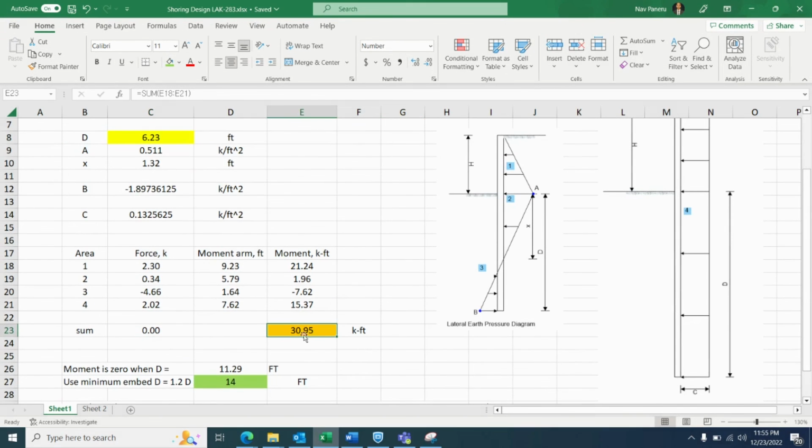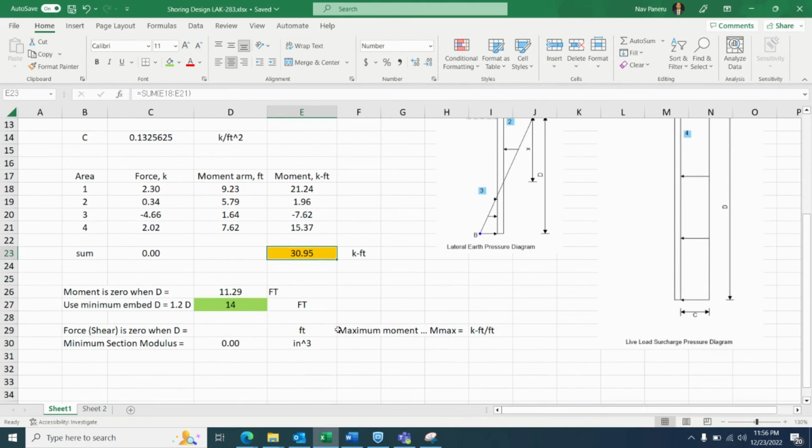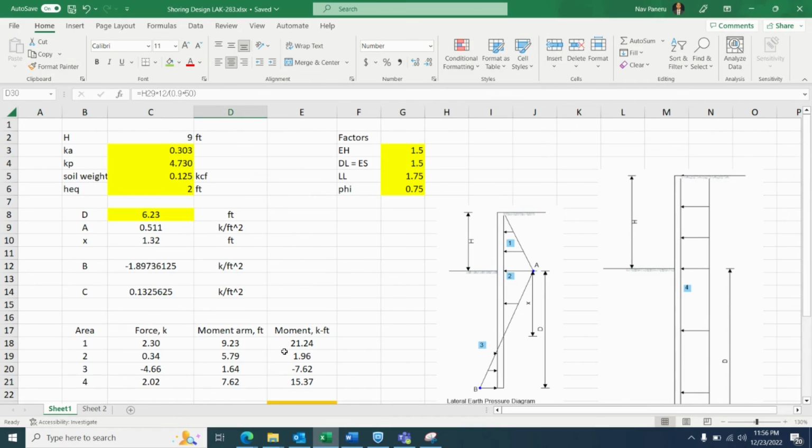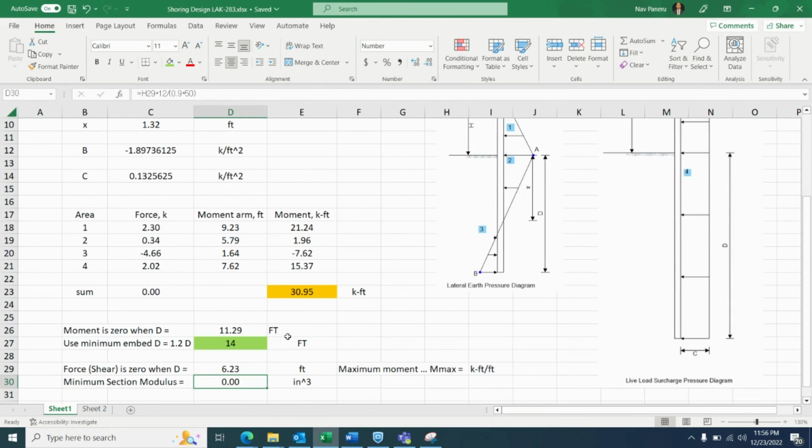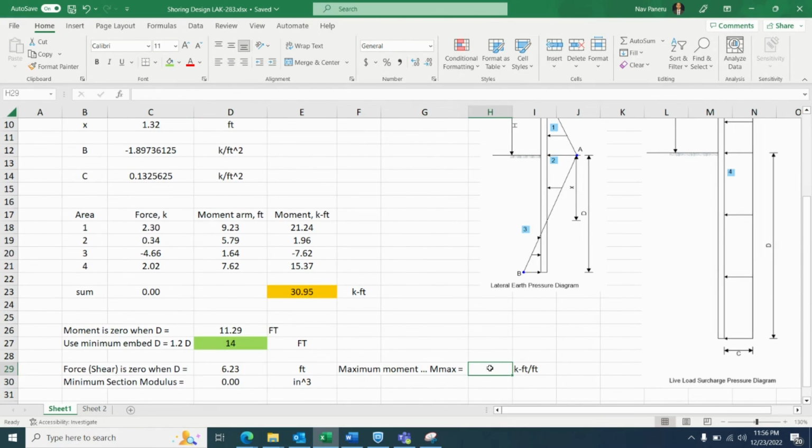So the moment that I'm getting at that point is 30.95. This moment will be the highest, the maximum moment acting on the seat pile. That's the basic statics. Shear force is zero when d is 6.23 feet, and the maximum moment at this point is 30.95.